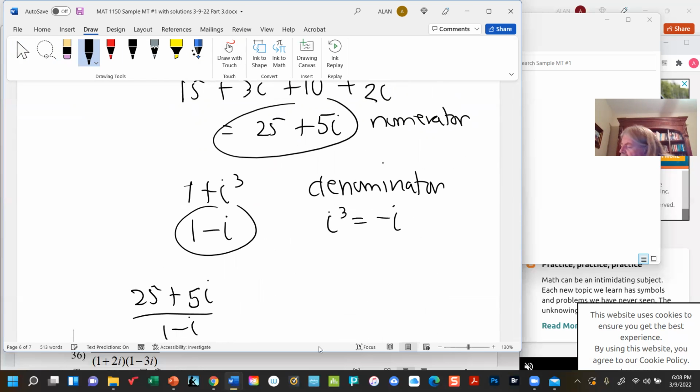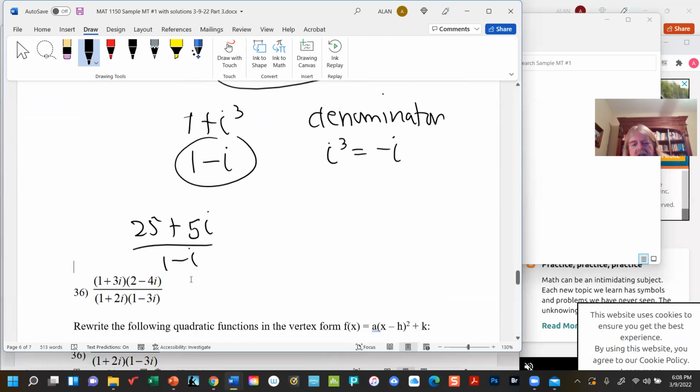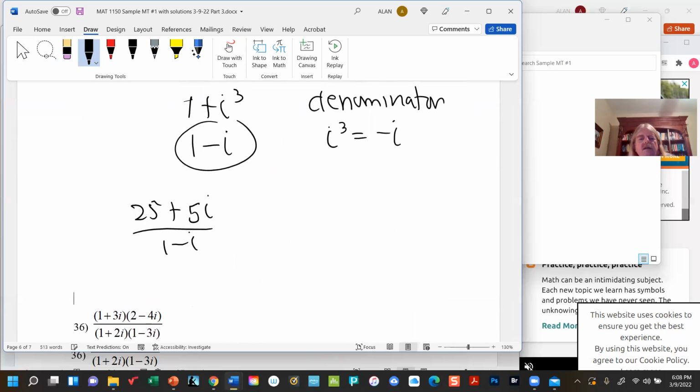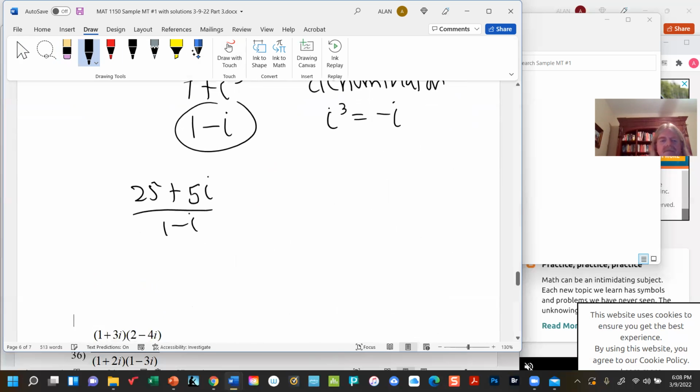But now that it's been simplified, you can actually now apply the complex conjugate to it. All right, so let's do that.